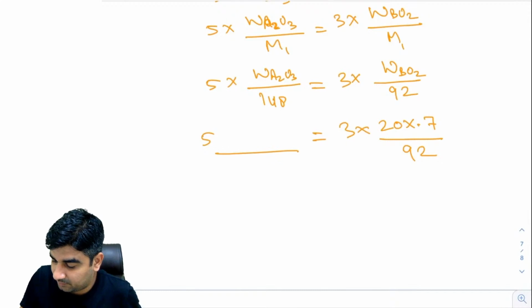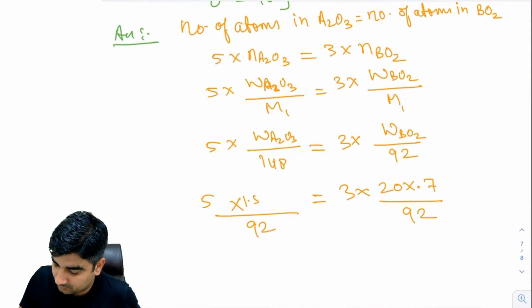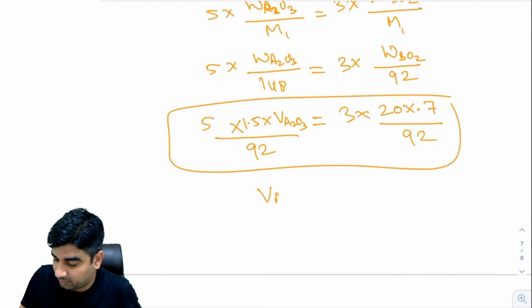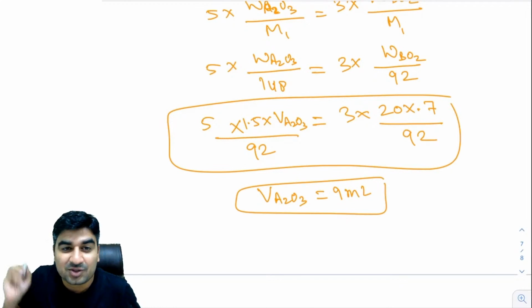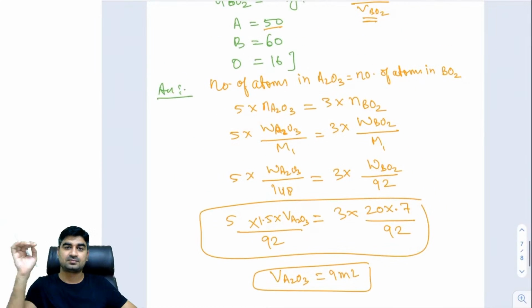It will be 592 and density is 1.5 into volume of A2O3. Once you solve it, you are going to get volume of A2O3 as 9 ml. So it was a very interesting problem. Very interesting. I hope you got it.